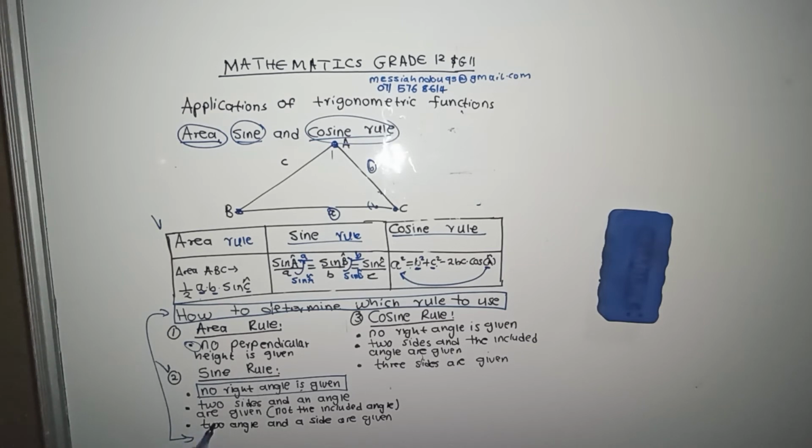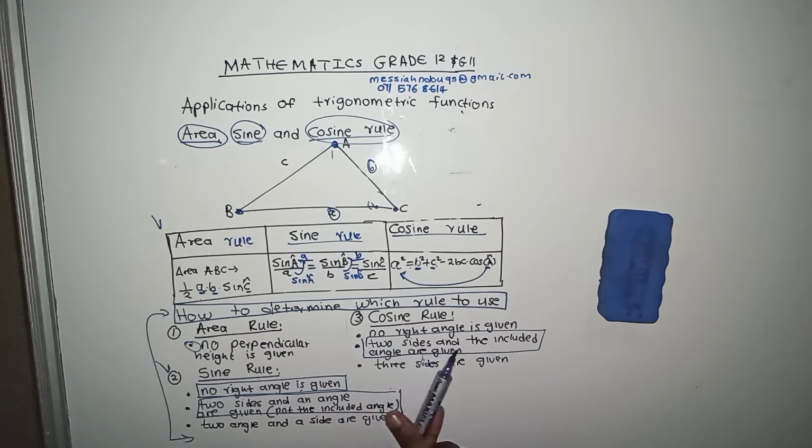Okay, case number two: you make sure that two sides and an angle are given, but not just an ordinary angle. When it comes to the sine rule, be careful here, because for the sine rule, two sides and an angle are given, but not the included angle.